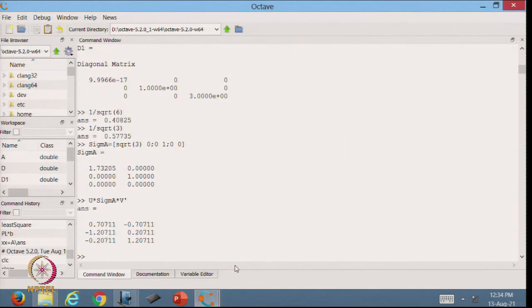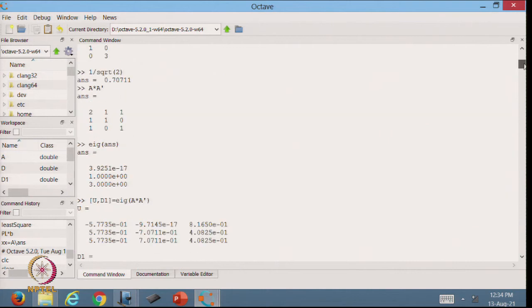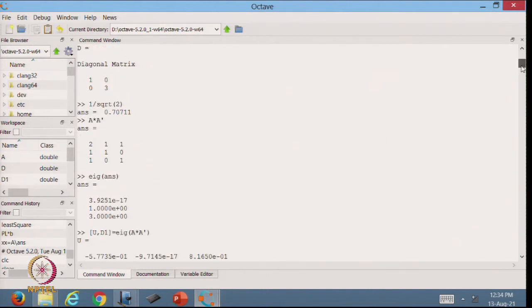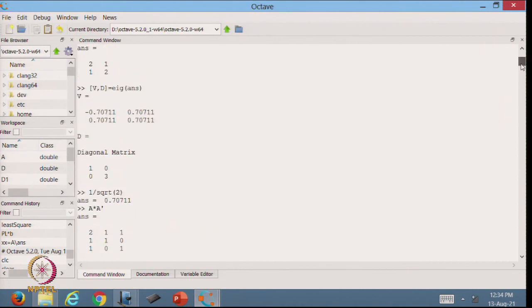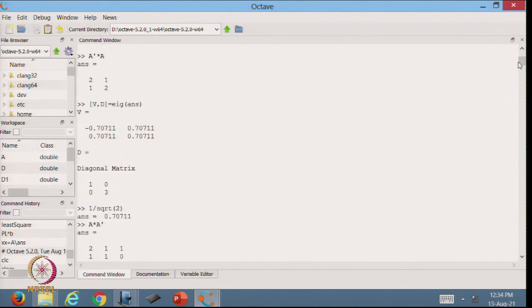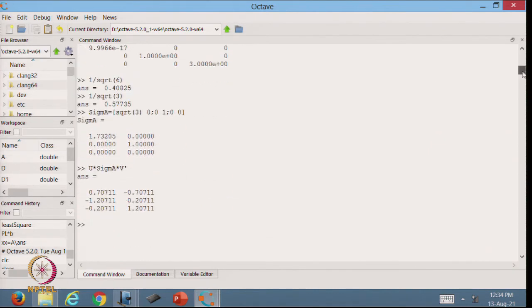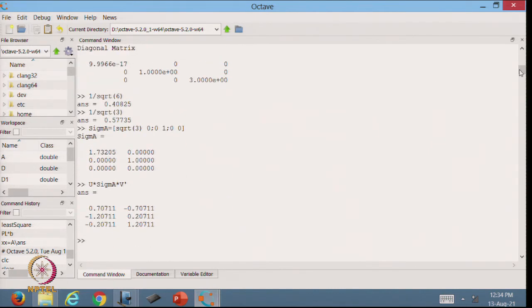So, now I have to find my A. We got U, this is my V I got, and I got this value, it is 3 cross 2.